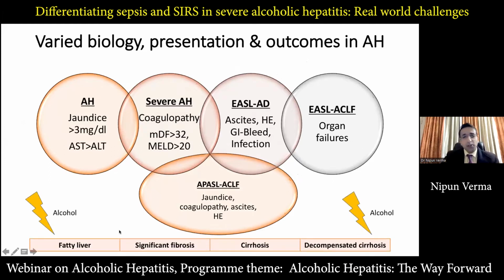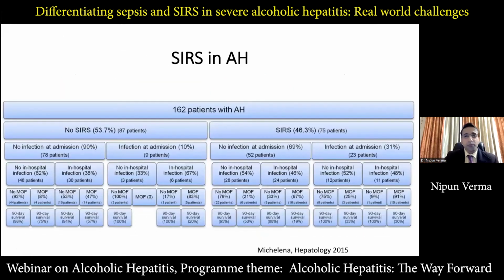Adding more to the heterogeneity of presentations and disease biology, alcoholic hepatitis can present at different stages of underlying chronic liver disease, and we know underlying chronic liver disease leads to cirrhosis-associated immune dysfunction because of ongoing pathogenic bacterial translocation, which modulates the immune system. With such a highly heterogeneous state, how do we differentiate between infections and non-infections in this syndrome?